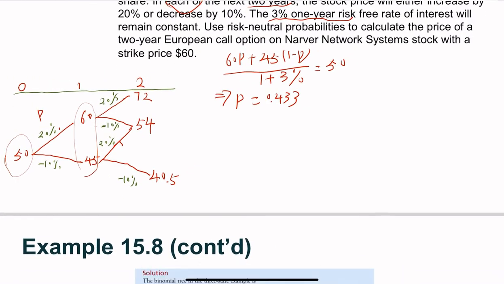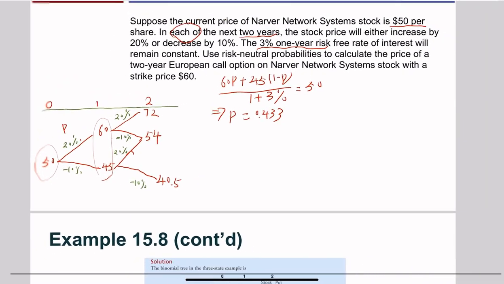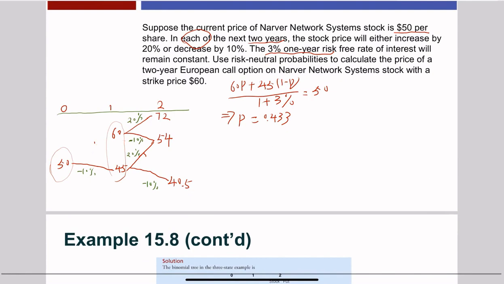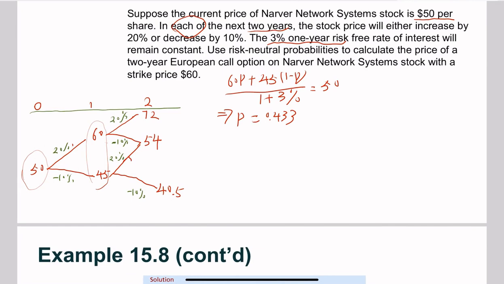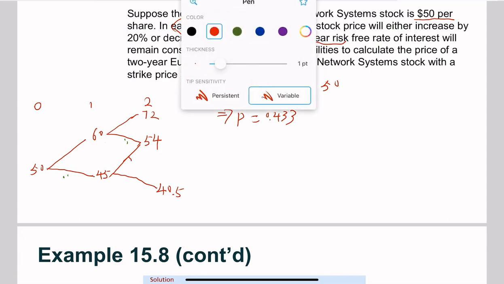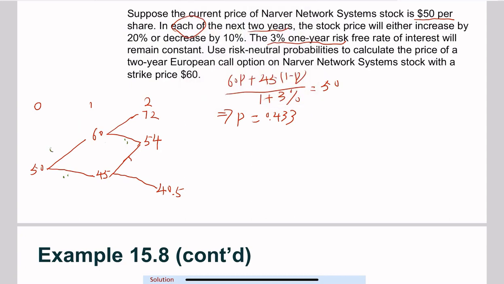So you can see that instead of actual probabilities, now I could use risk-neutral probabilities. Let me write down these risk-neutral probabilities. The probability here is 0.433.